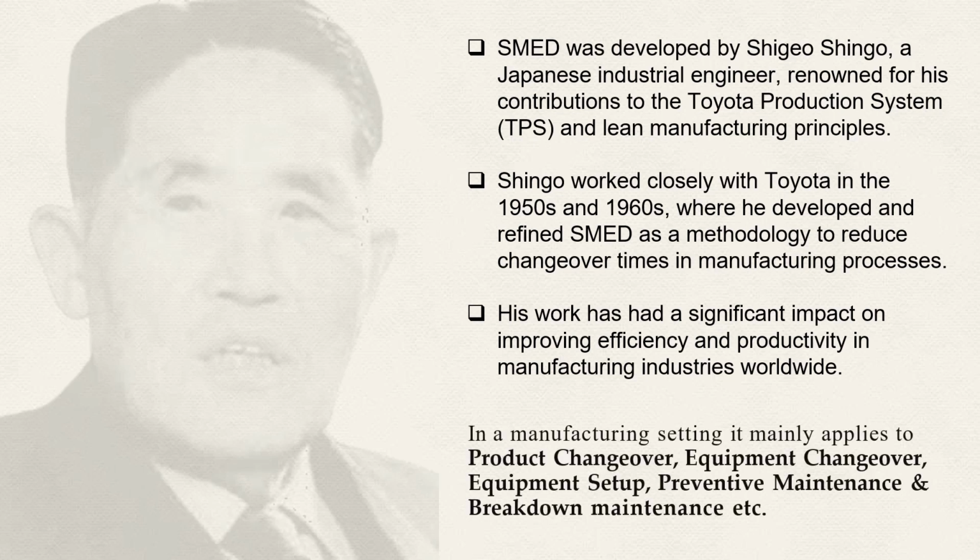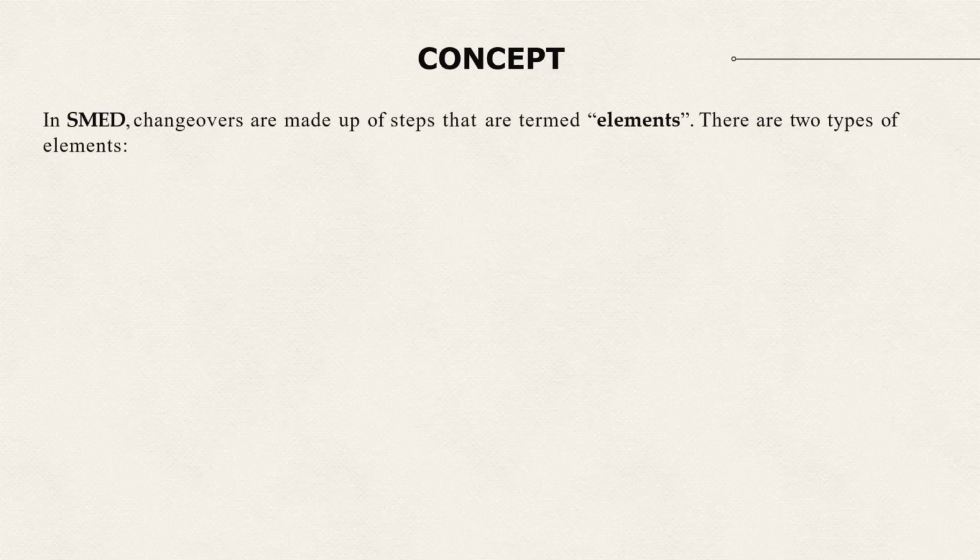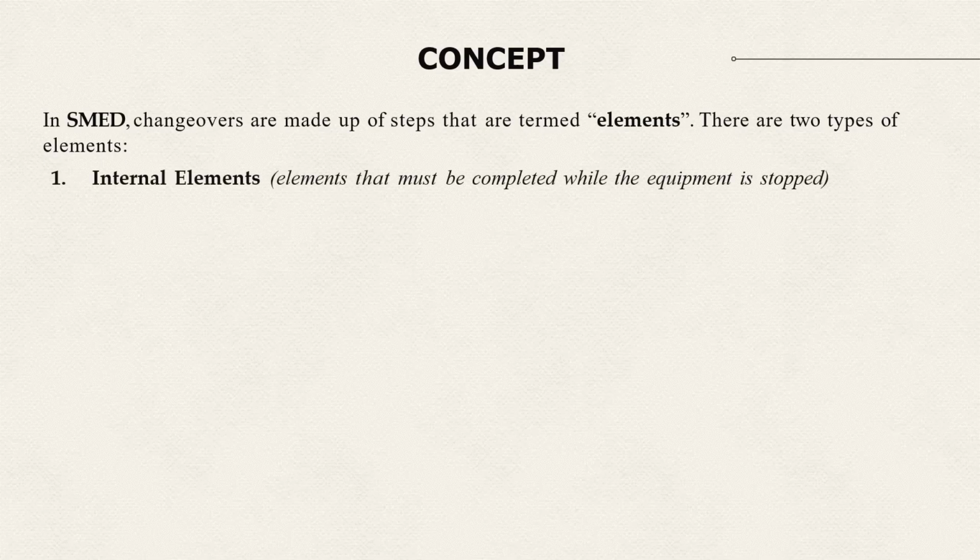In a manufacturing setting, it mainly applies to product changeover, equipment setup, preventive maintenance and breakdown maintenance, etc. In SMED, changeovers are made up of steps that are termed elements. There are two types of elements. Internal elements.